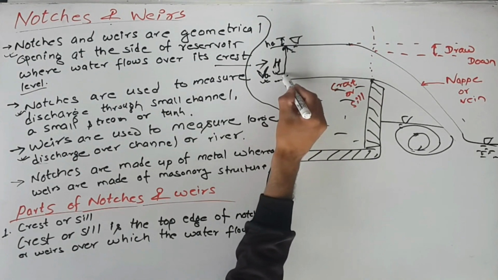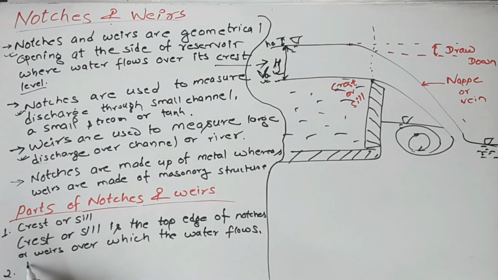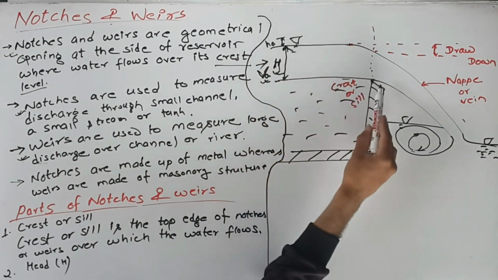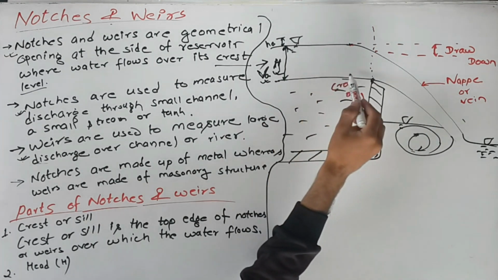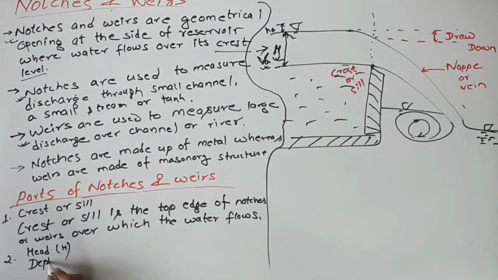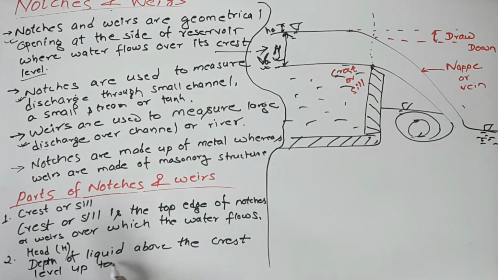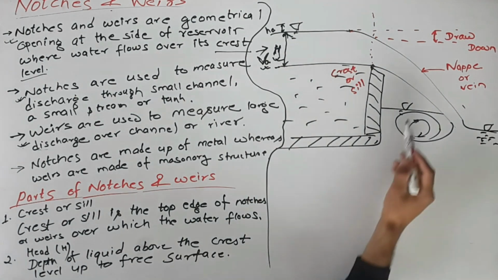And now we have this head H. This head H is the depth of liquid or height of the liquid above the crest level. We have this nappe or vein.